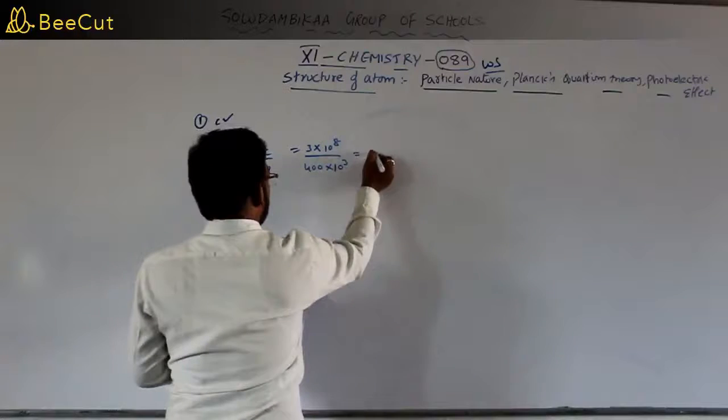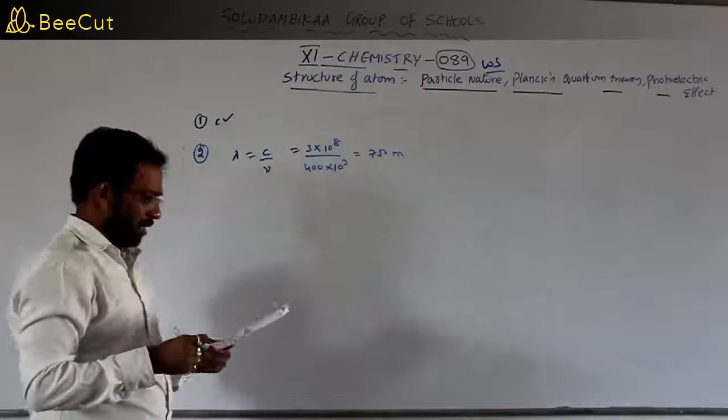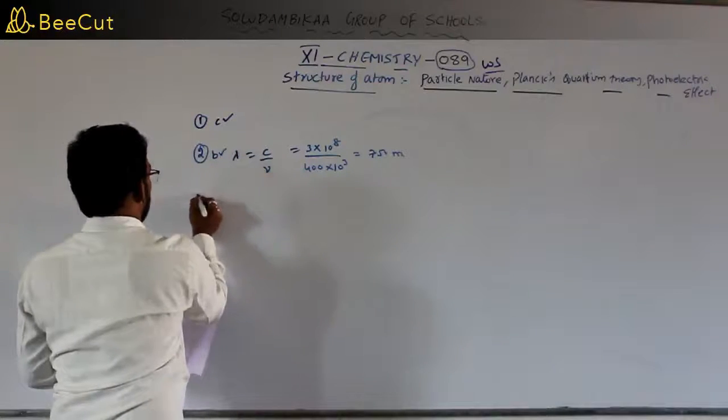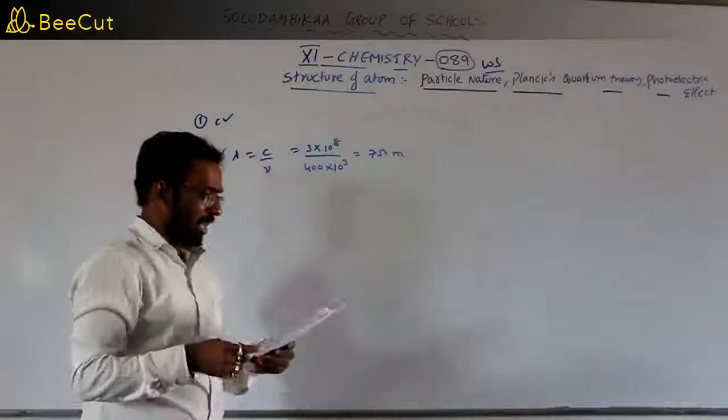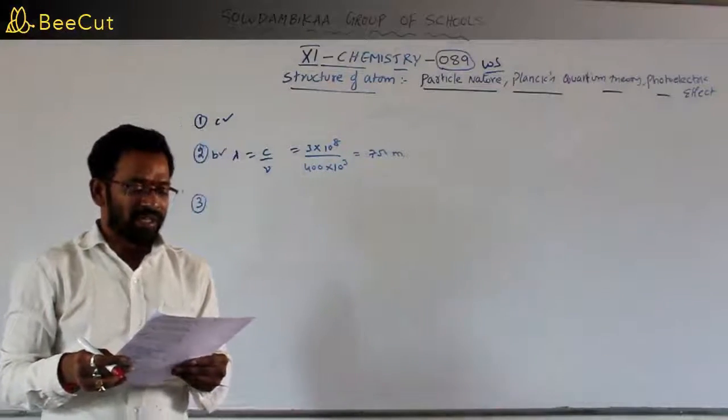So we will get 750 meters. Which option is present? Option B is correct for question number 2. Next, question number 3. Which of the following electromagnetic radiation has greater frequency?